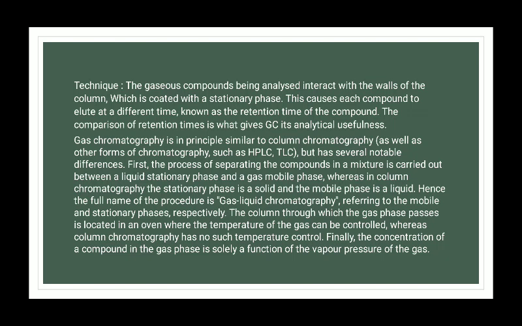The column through which the gas phase passes is located in an oven where the temperature of the gas can be controlled, whereas column chromatography has no such temperature control.